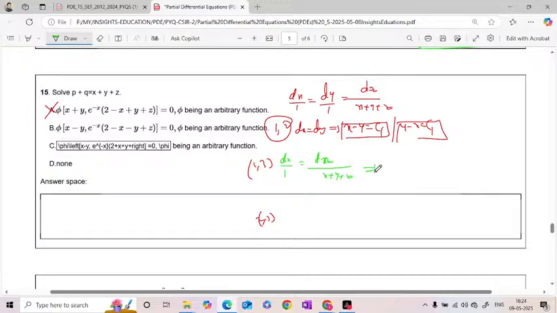Just substitute dx by 1 and dz by x plus y plus z. But already here we have x is equal to c1 plus y.